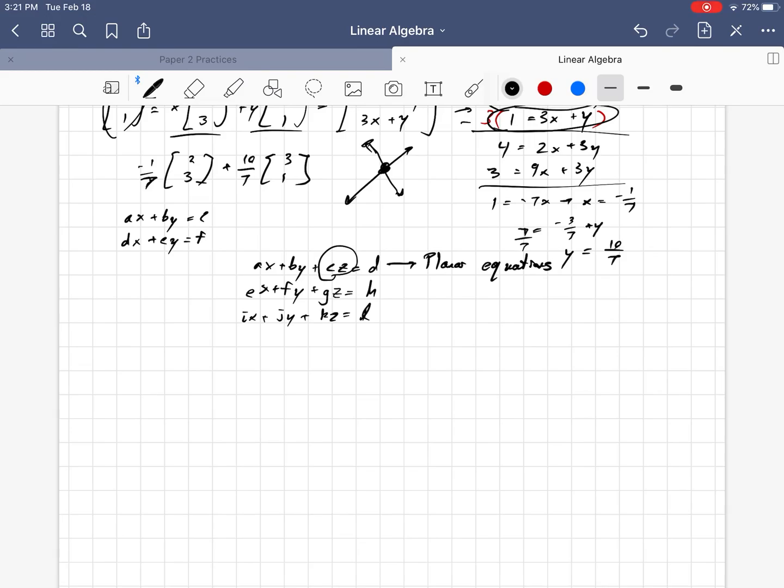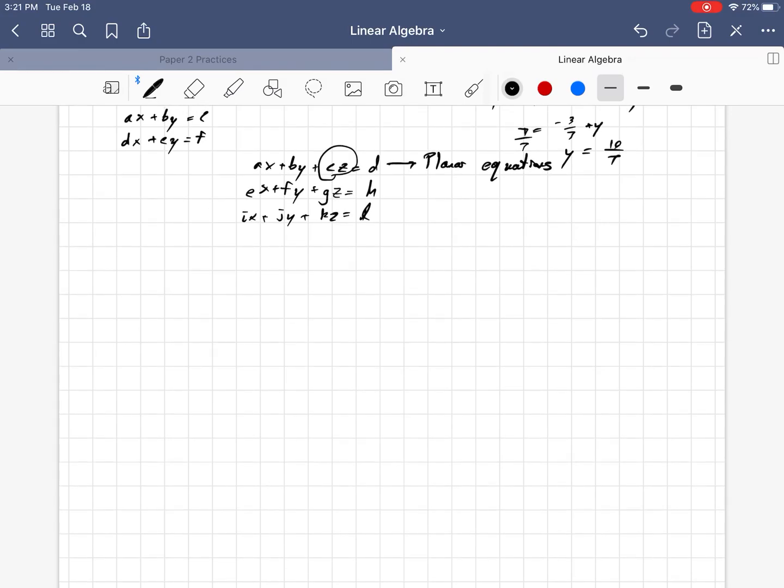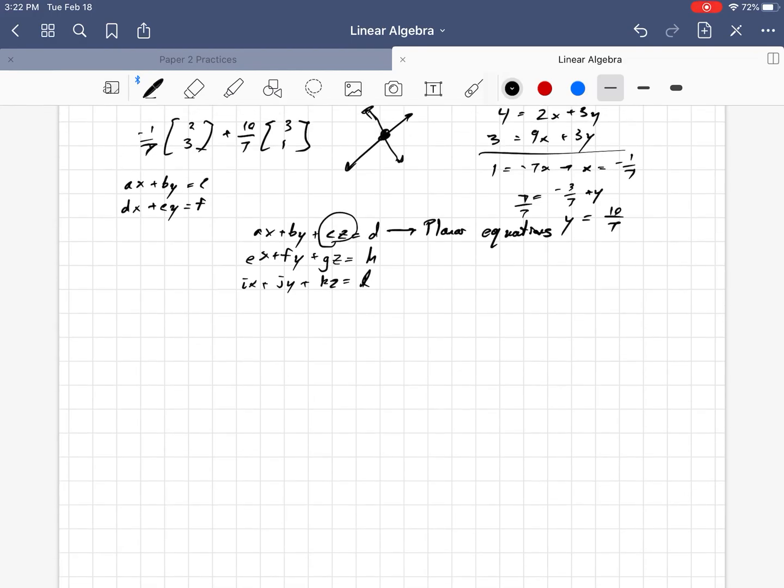So what I'm getting at is the fact that any linear system, any system where we have scalars and everything is of degree 1, that's why it's linear.